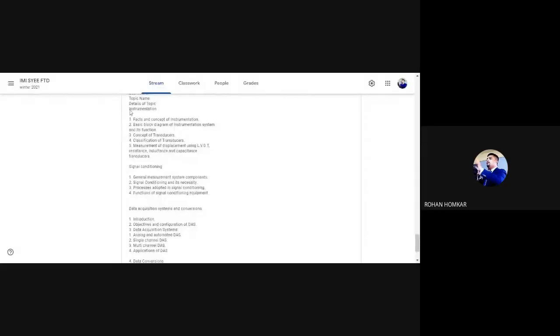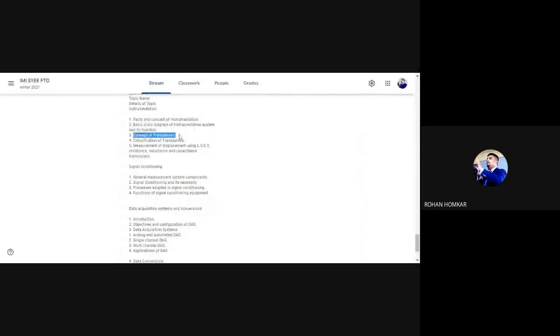Okay. So for section 2, we have instrumentation. So basics of instrumentation, introduction, can be point 1. Facts and concept of instrumentation is the second point. Then basic block diagram of instrumentation is the third point. Then its function, fourth point.